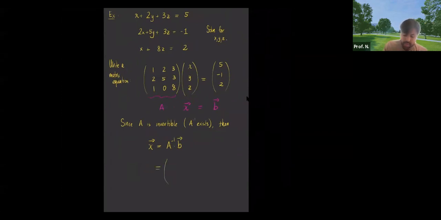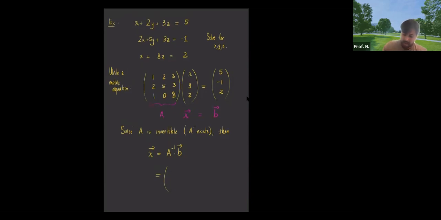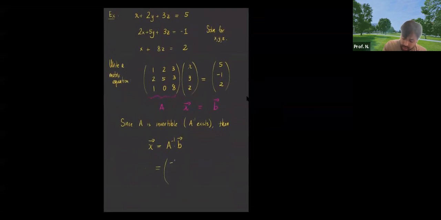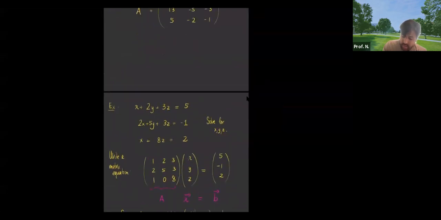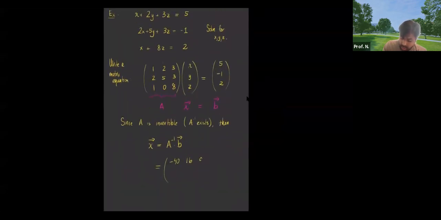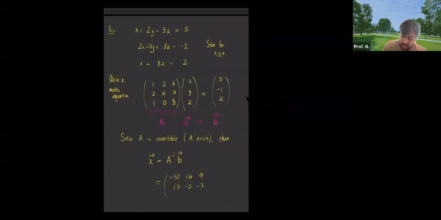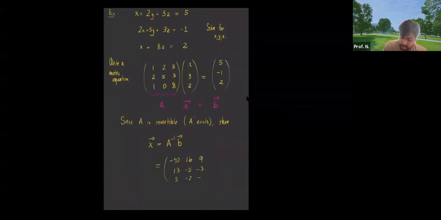So the inverse was what again? The inverse was this inverse here. So I got -40, 16, 9, 13, -5, -3, and 5, -2, -1. And I'm left multiplying that by 5, -1, 2.